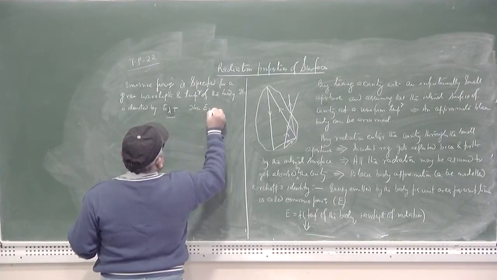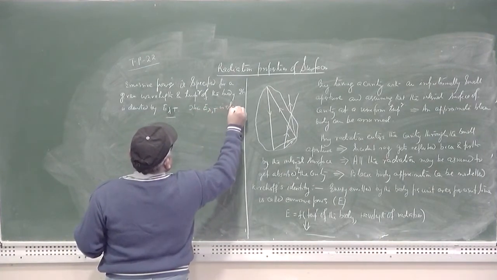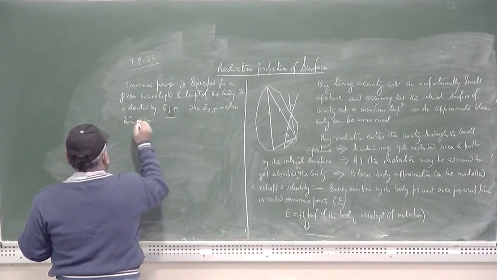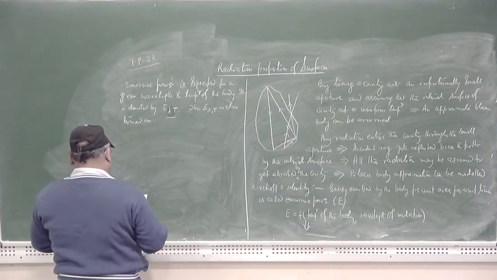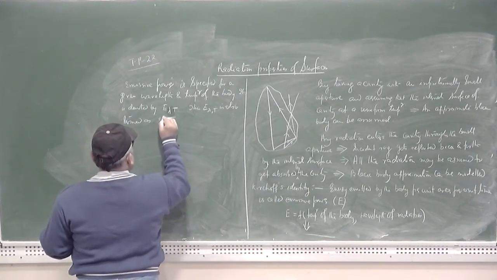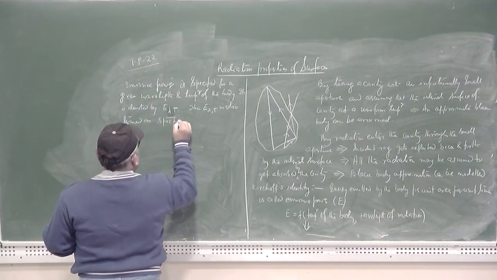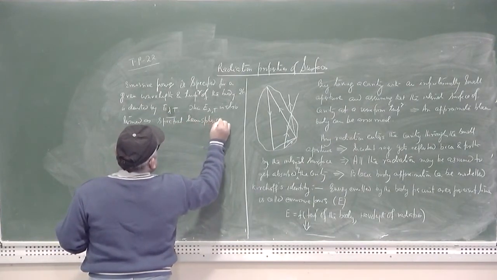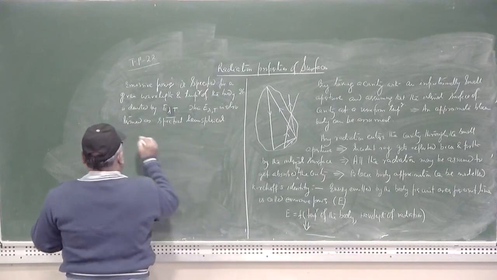This E lambda T is also termed the spectral hemispherical emissive power.